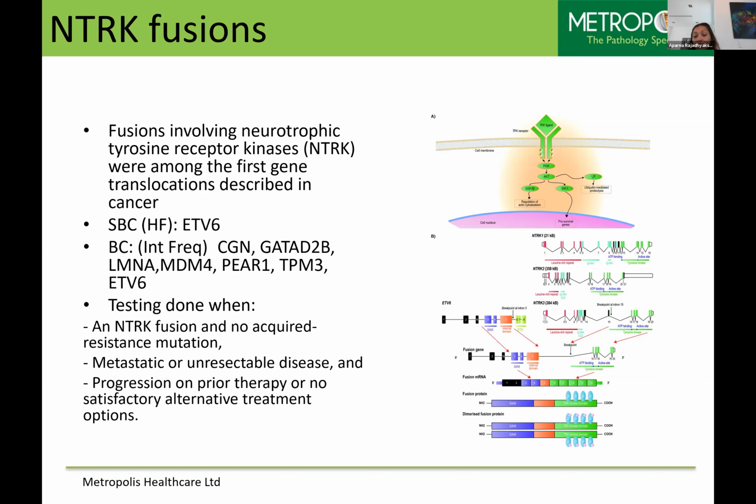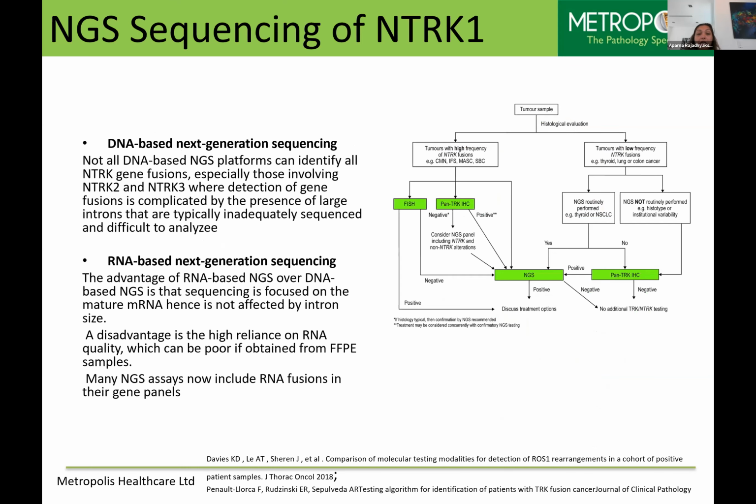That's important because different therapies are based on it. There are two ways of testing NTRK: one is DNA and one is RNA. The good thing about NGS is that you can look for all the NTRK mutations at one-stop shop. You don't have to do NTRK and then follow up with NTRK1 and NTRK3. You can do all of it together.